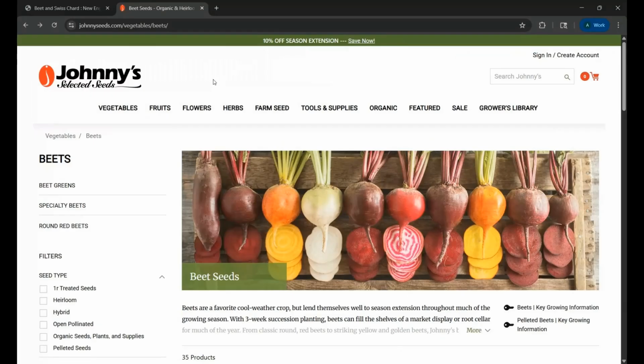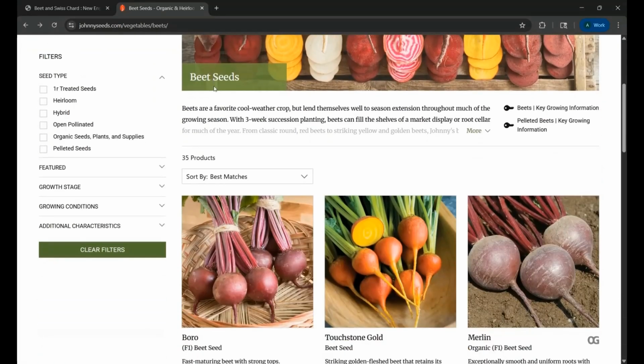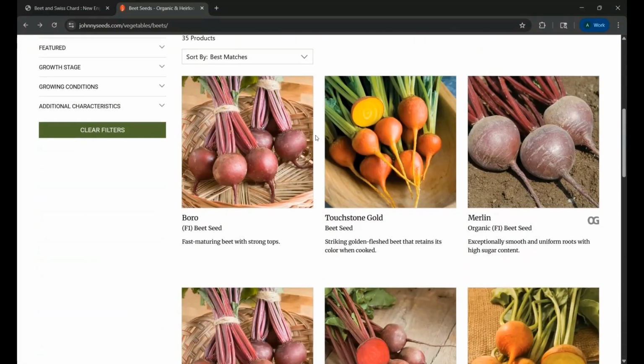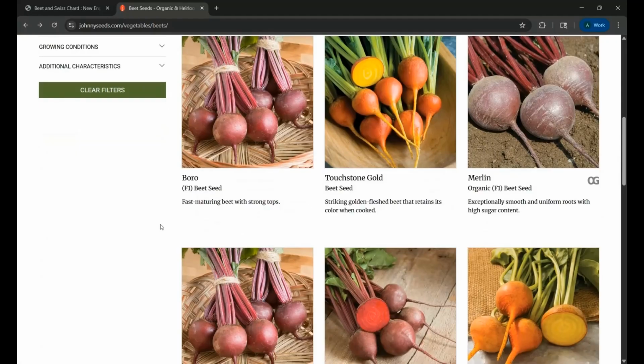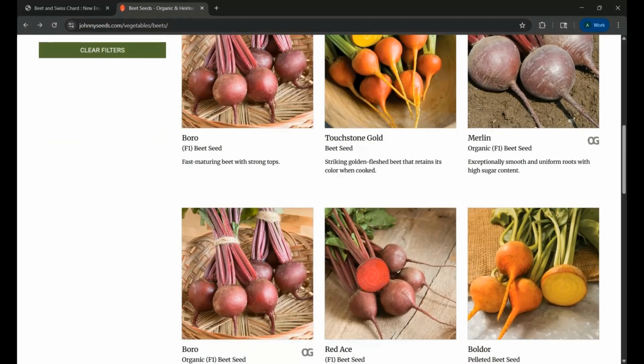Here is a page from Johnny's. You'll see a lot of the same varieties that we're seeing in other suppliers. One thing I wanted to point out is that this is F1 beet seed. This is opposed to open pollinated. You might see OP. So OG here is indicating organic. OP is for open pollinated.